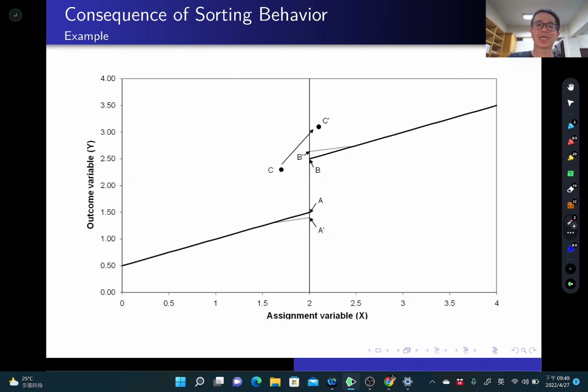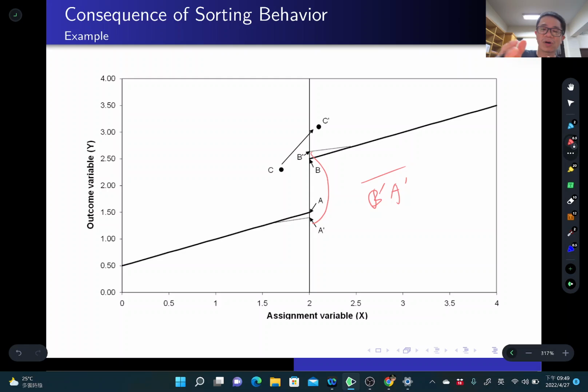Okay, so if individual C changes to C prime, it will make the discontinuity estimate become B prime minus A prime, and that will make the discontinuity estimate bigger if the individual C can change his position to C prime. That will bias our estimate.